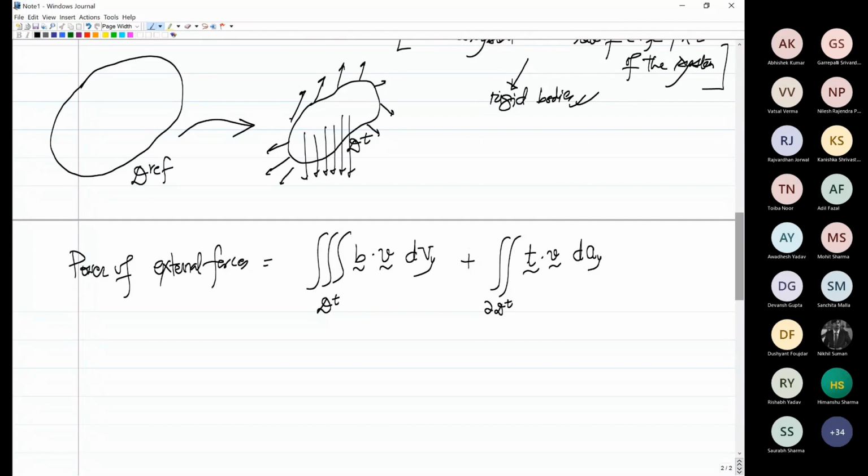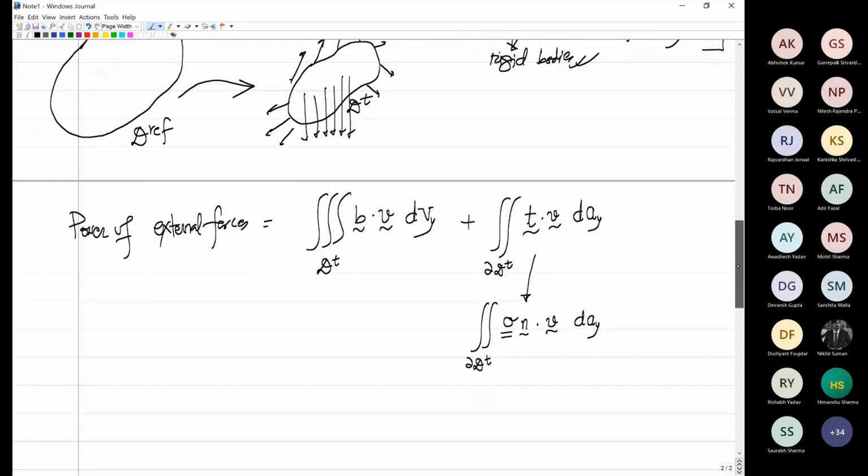Okay, now let's do some mathematics. So why don't we convert this second integral into volume integral? So for that you have to write T in terms of sigma times n, right? So this one is then going to become sigma n dot with V dAy. Okay.